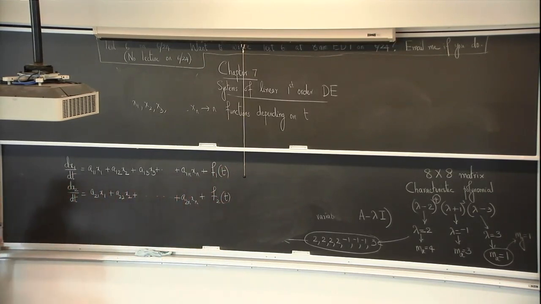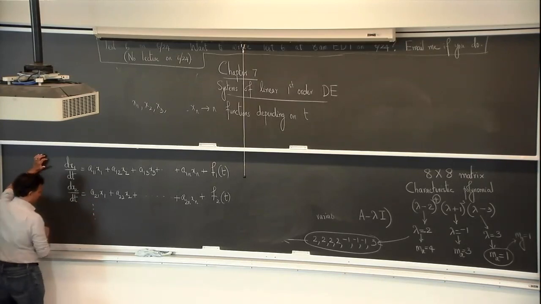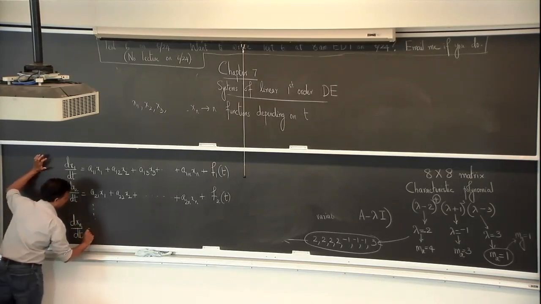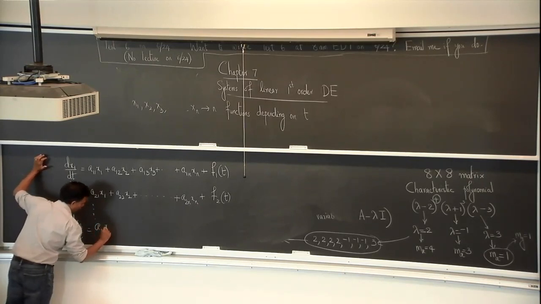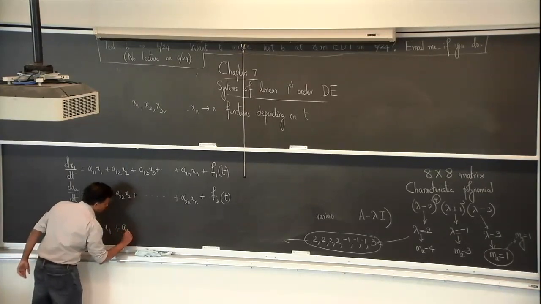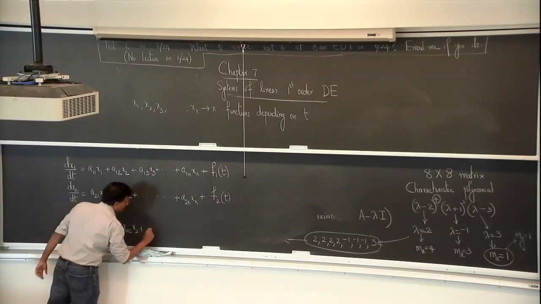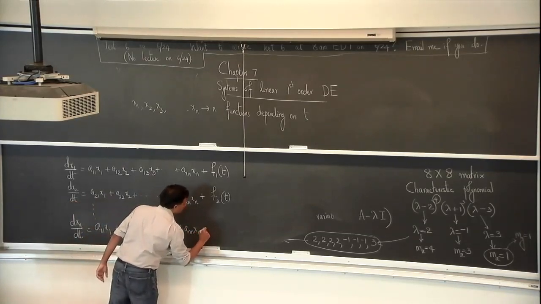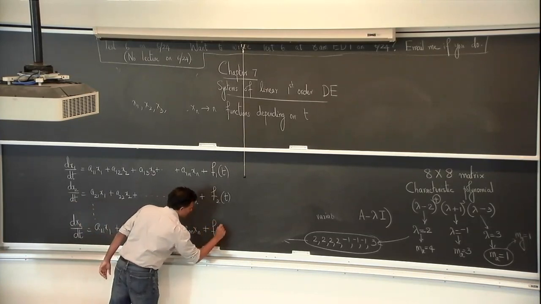Again, those coefficients are just written so that I could make use of that later in the matrix. Okay, keep writing it down. dxn/dt equal to an1 x1 plus an2 x2 dot dot dot plus ann xn plus fn of t.